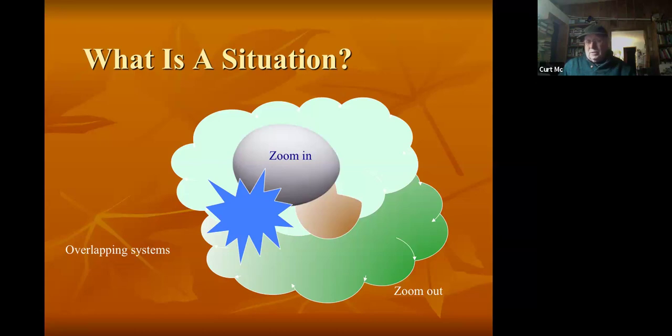So this is a simple way for us to imagine that when we're thinking of changing a system, it's because there's some sort of a situation, which typically is systems interacting. And it's good to remember that when we're deciding that we need to describe where we're starting and what we're working on.